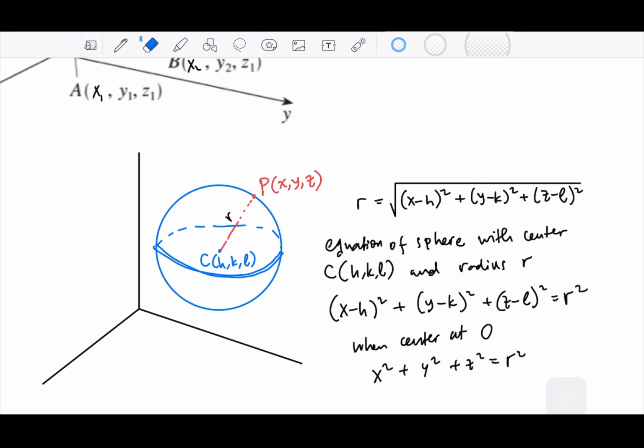So from the 3D coordinate system, we learned how to deal with the surface, the distance, and we can also take it as a sphere. And now we are going more deeply into vectors.